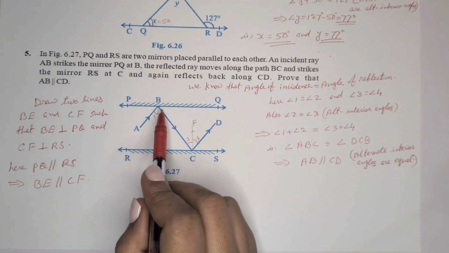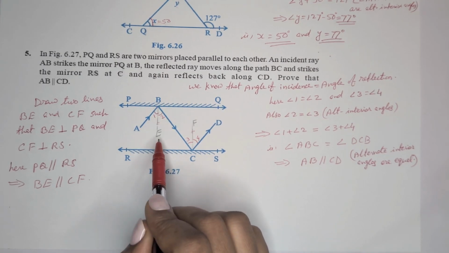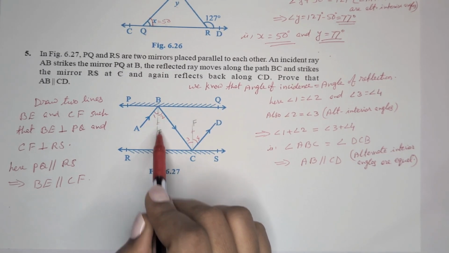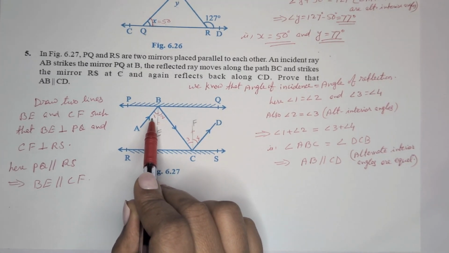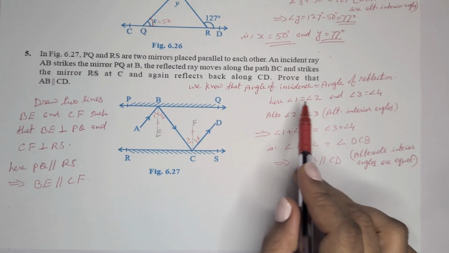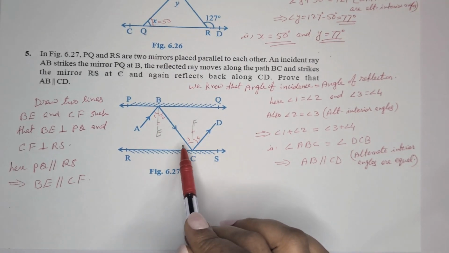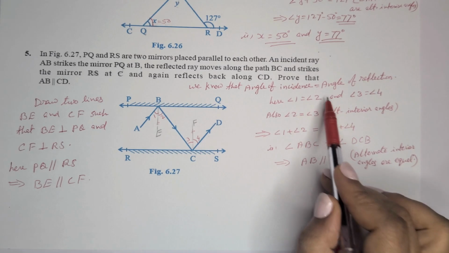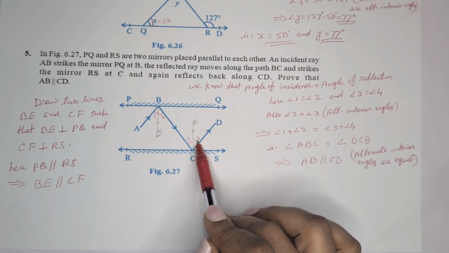Here these two are angle bisectors. So angle 1 is equal to angle 2. You can write the reason: the angle of incidence is equal to the angle of reflection. So 1 is equal to 2 and 3 is equal to 4.